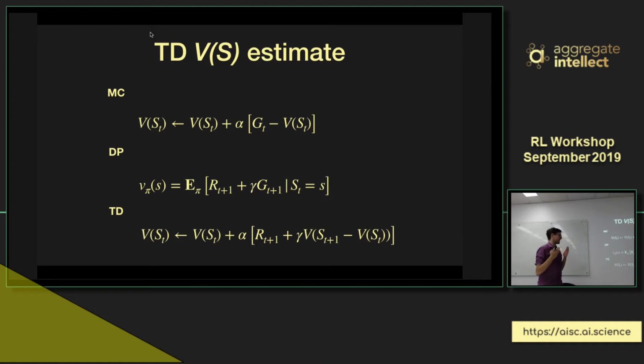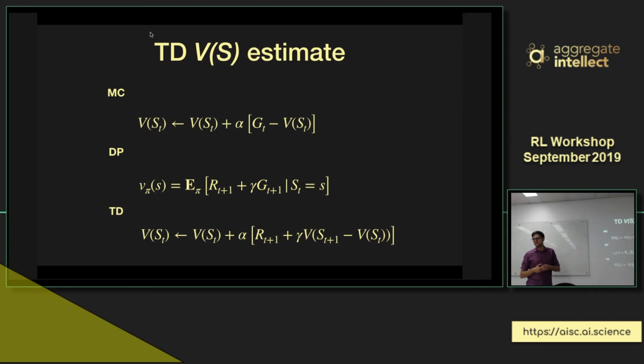We have a better estimate, which is the estimate of the next steps plus the current reward we get, times the future discount. So this is the reward we get, and this is the better estimate. We take the difference of those 2, and then with step size alpha, we update our current estimate.